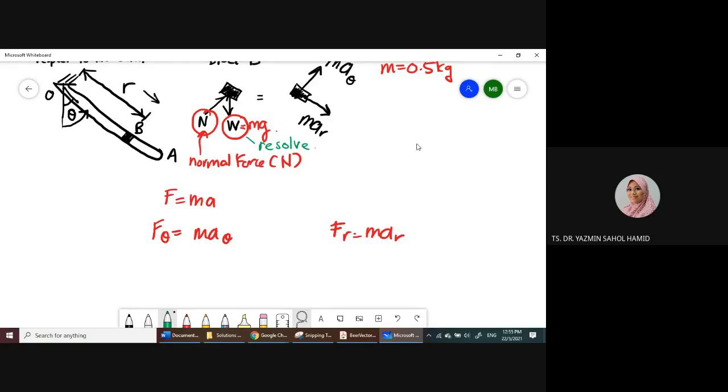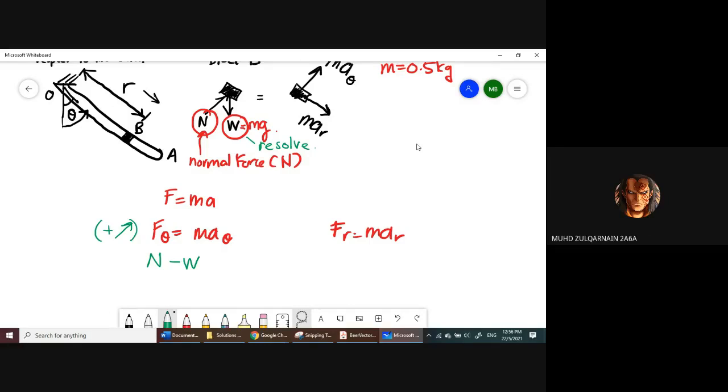Class, do you understand? You have to always write this. You have to always know what direction you want to follow. So if we look here, our normal force is in the same direction, so it's fine. But our weight, we need to resolve it, right? If you resolve it, will it be positive or negative? Negative. Negative what? W cos or sine?